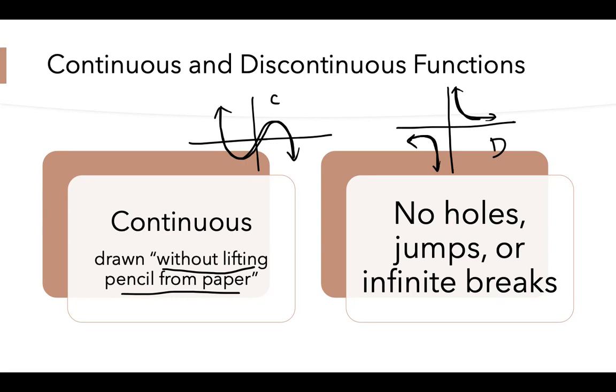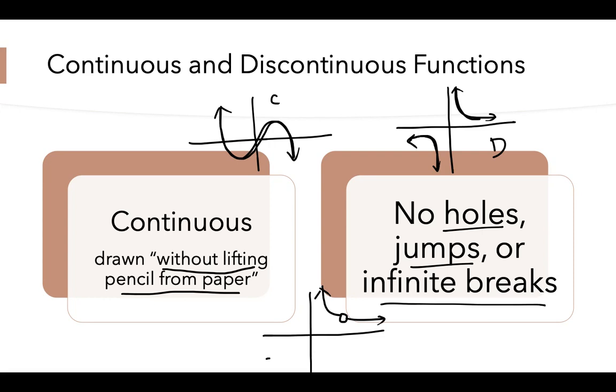Now, if there are any holes or jumps or infinite breaks, they are discontinuous. So for example, a hole means there is an empty circle, like this. This graph is discontinuous because there's a hole.